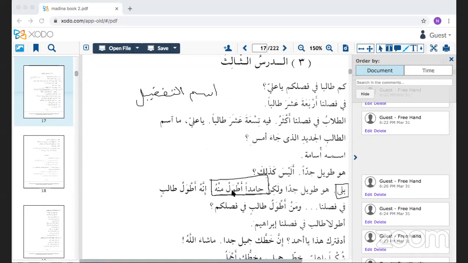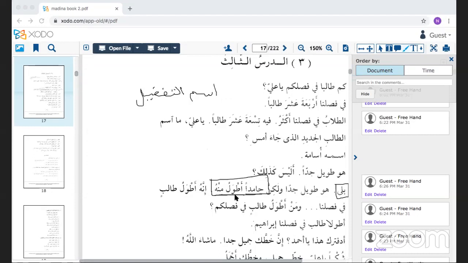So this formula, af'alu, is the singular form and the mudhakkar form of ismu tafdil. That is something that you need to know. And you're seeing it here in the form of atwalu.